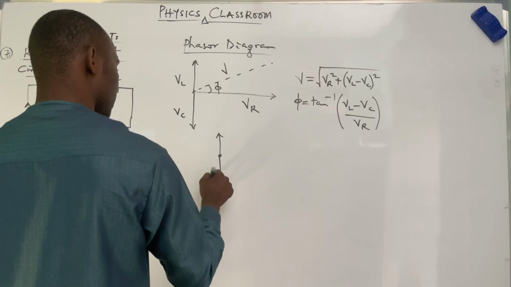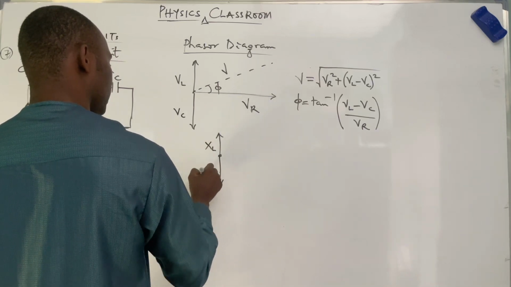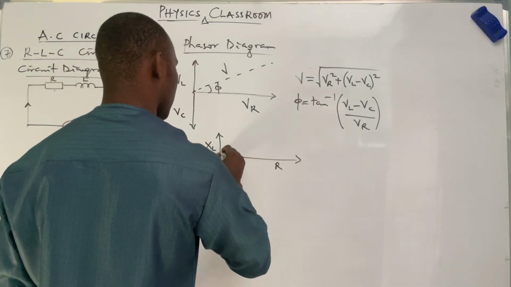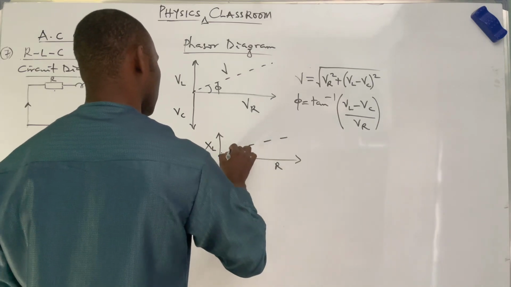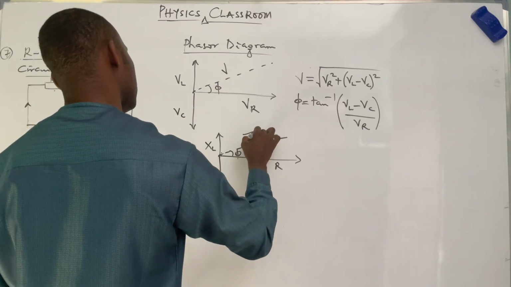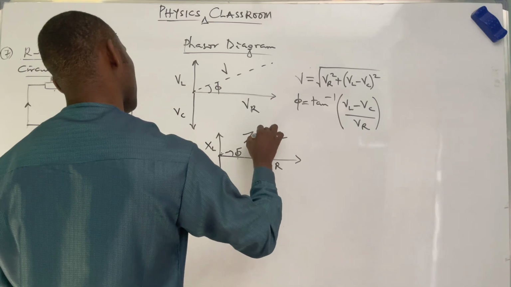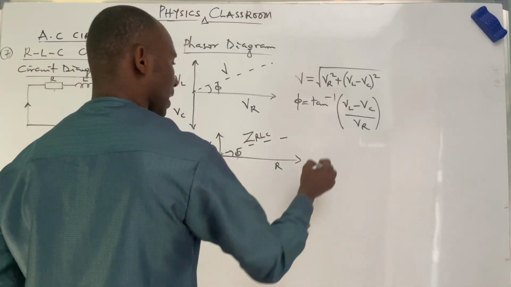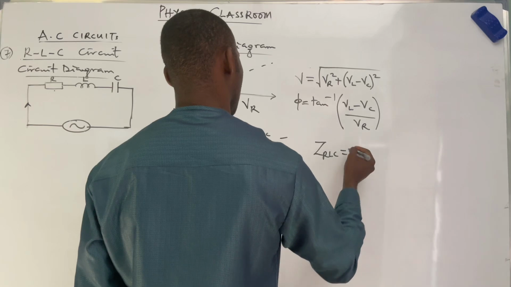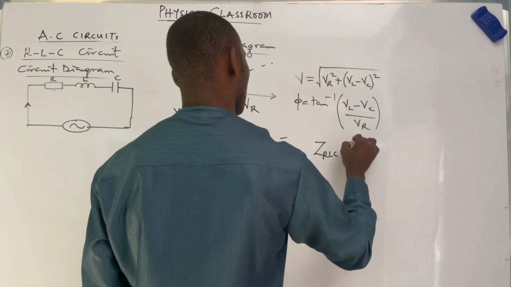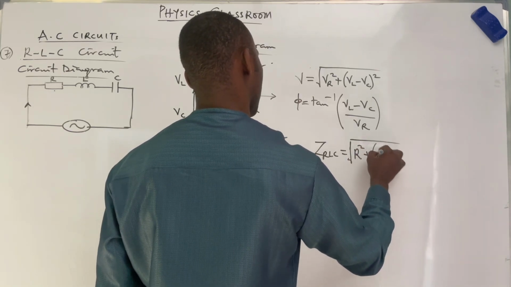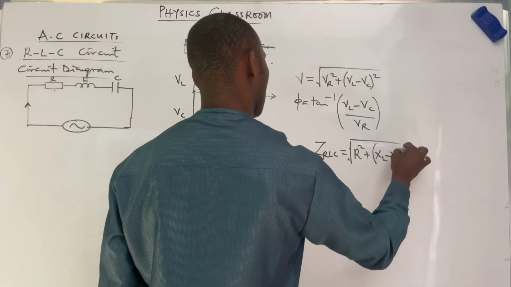Then in terms of impedance, we can have it as, all right, this will be XL, while this will be XC. We can have our R here. The phase angle phi will be somewhere around here, and this will be our impedance ZRLC, where our ZRLC will be equal to root of R squared plus XL minus XC all squared.